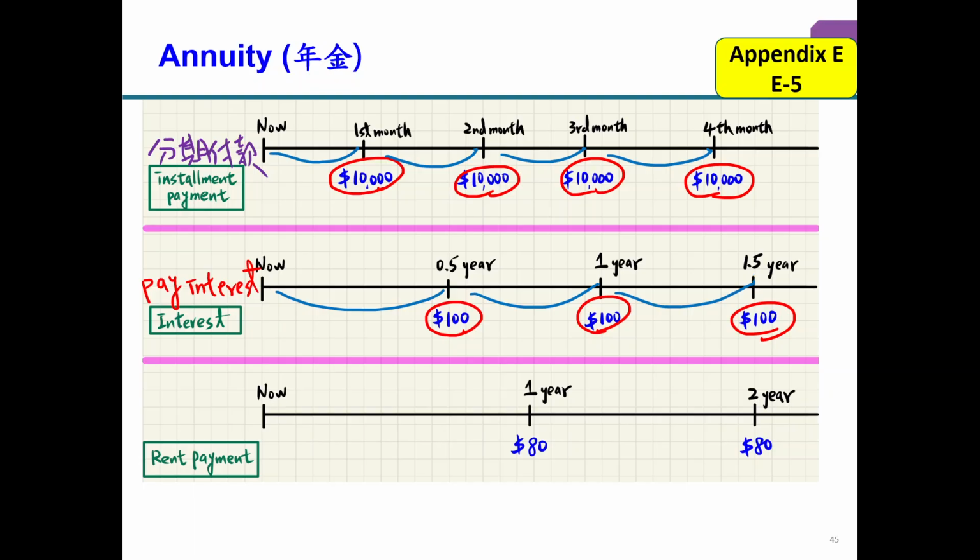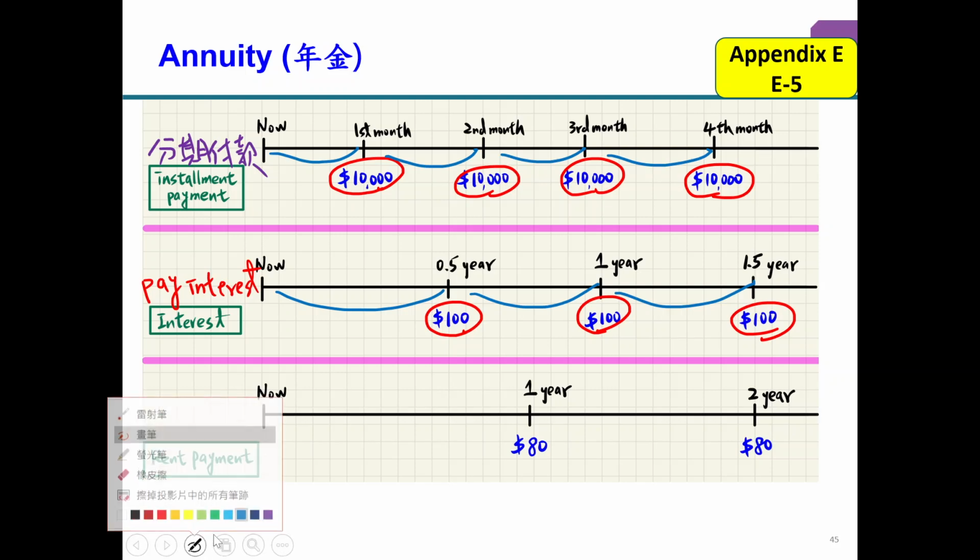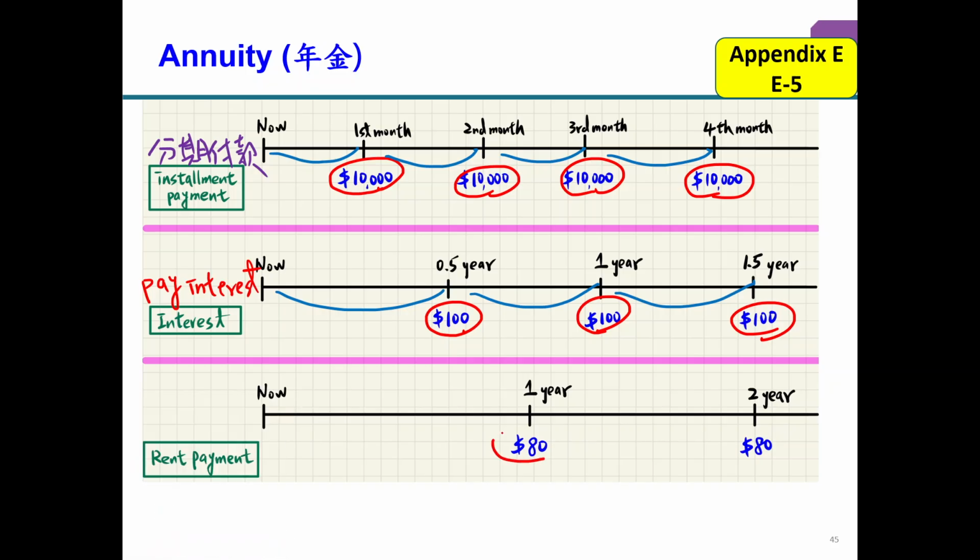You pay the rent, usually maybe every 1 year. So the same amount every 1 year. For any of these cases, same amount for same period, this kind of data we call annuity, 年金. Installment payment is annuity, interest is annuity, rent payment is annuity.